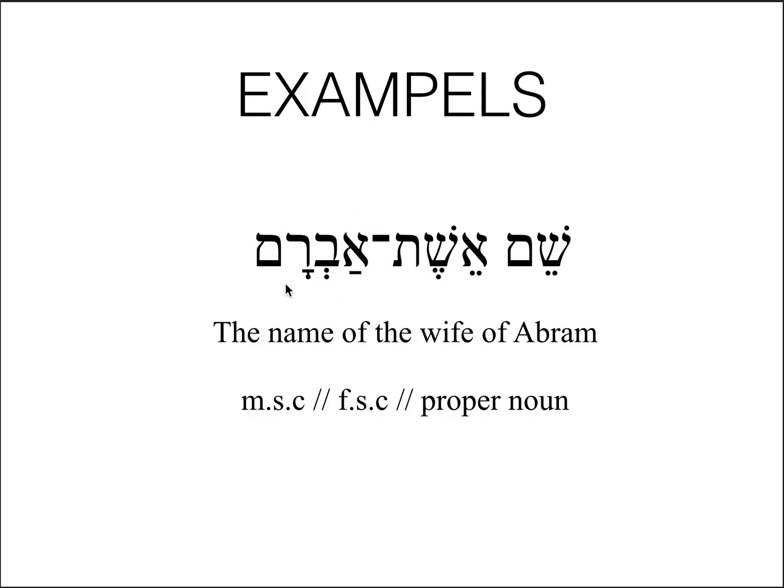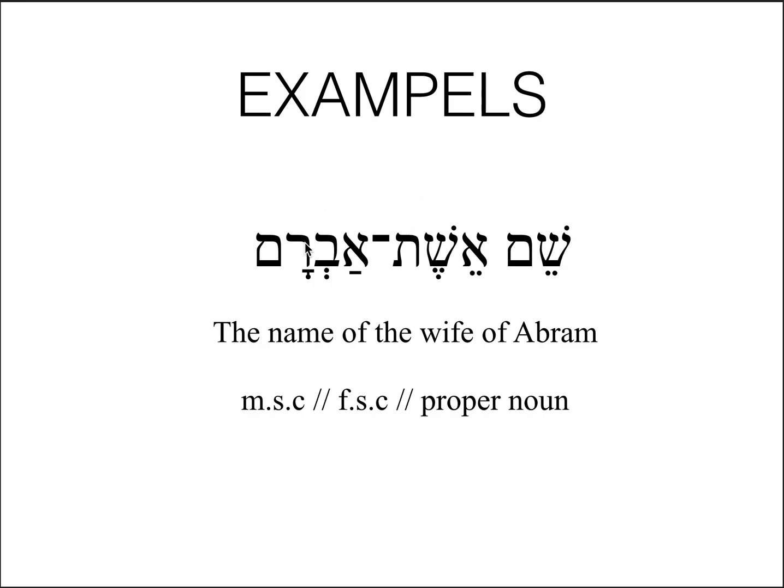This is a name, proper noun, therefore this is understood to be definite. We have a makef, so we know these two go together, therefore this is going to be construct absolute. We also see this is a construct because of the form, and from the context we know also Shem is going to be a construct, so this is masculine singular construct, feminine singular construct, and finally proper noun.